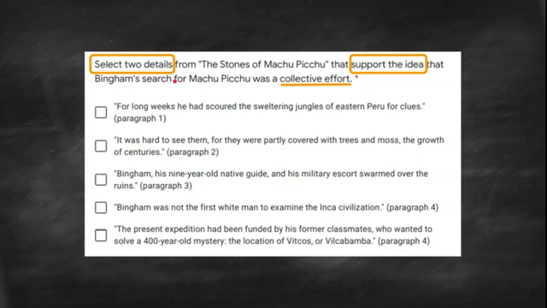So the correct answers, our 2 answers, are 3 and 5. Okay, let's talk about why. "Bingham, his 9-year-old native guide, and his military escort swarmed over ruins." So, look, we have 1 person, 2 person, 3 person. That shows a collective effort.